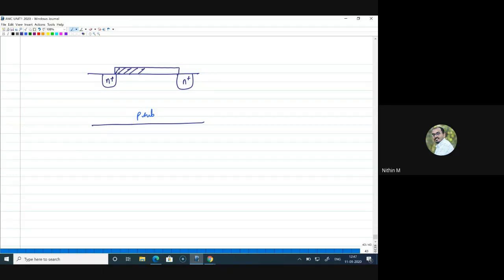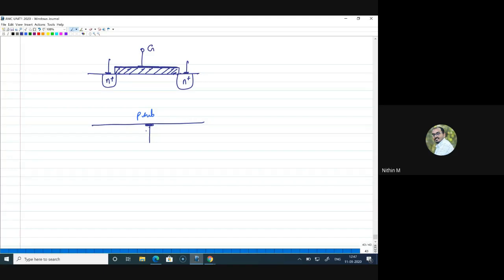Here is the dielectric, and on top of the dielectric there is a metal layer. So this is your gate. All these are the different terminals of the MOSFET.